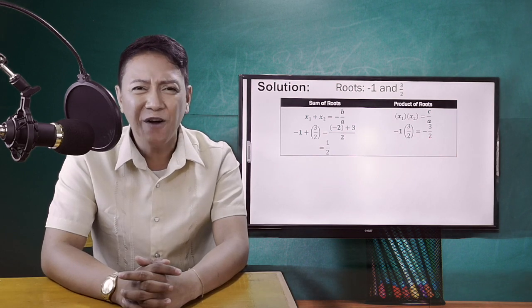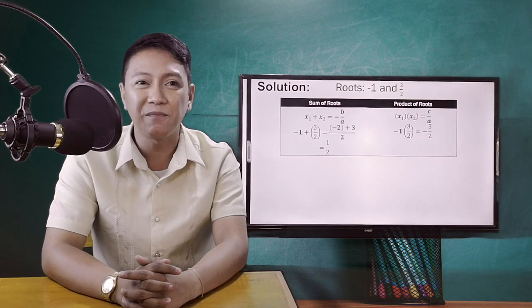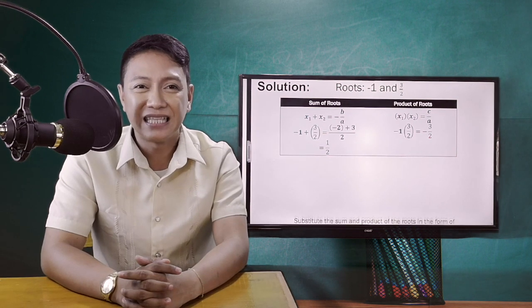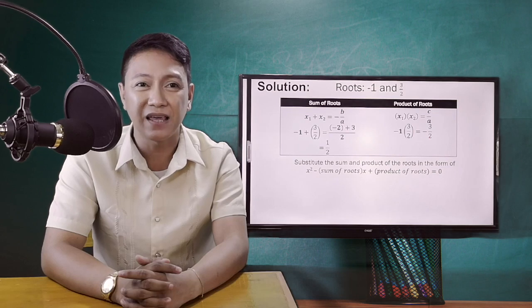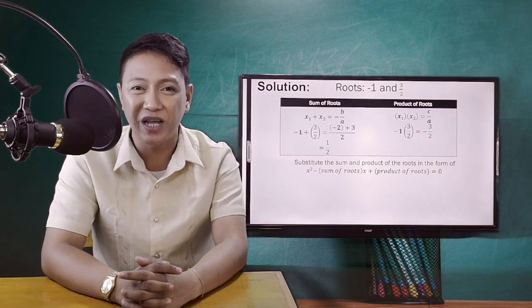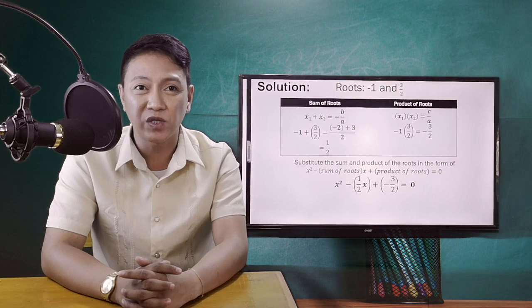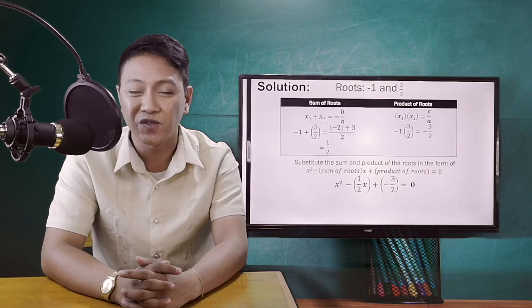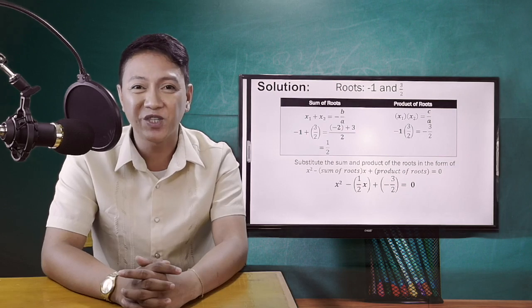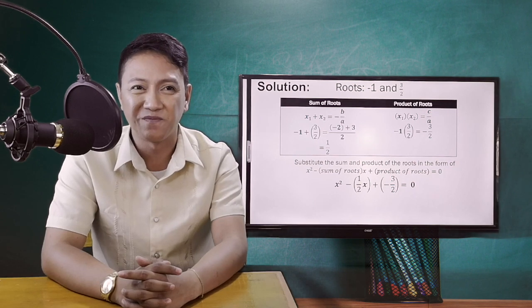Now, after we get the values of the sum and product of the roots, let us now substitute this in the form x squared minus sum of roots x plus product of roots is equal to 0. Since the sum of the roots is 1/2 and the product of the roots is negative 3/2, our equation becomes x squared minus 1/2 x minus 3/2 is equal to 0.